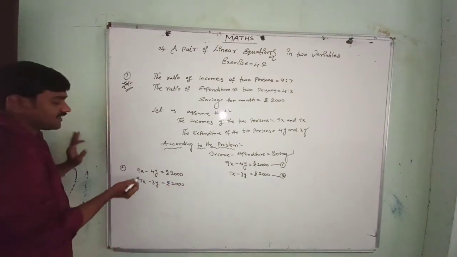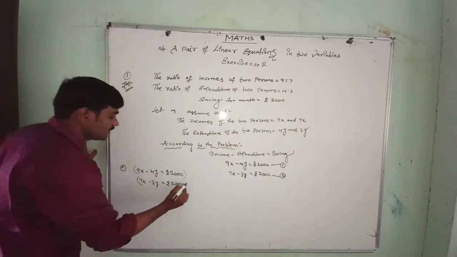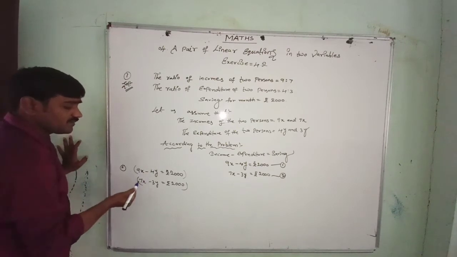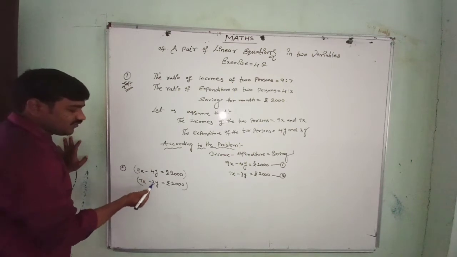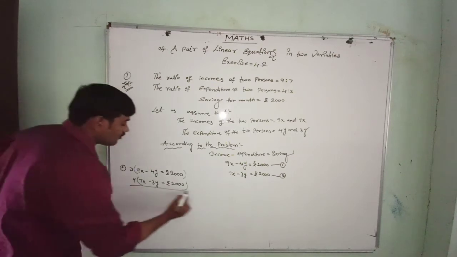Now let us observe the x coefficients are different, y coefficients are different. So what we need to do is simple: make any one of the coefficients equal. I will take the y coefficient because 4 and 3 are very small numbers, easy to multiply with. You can also make the x coefficients equal, no problem.